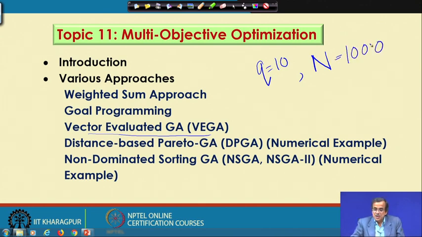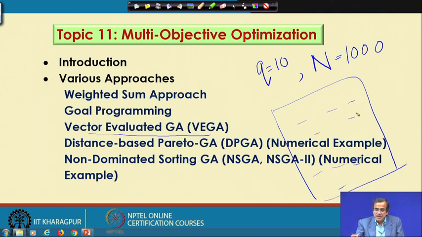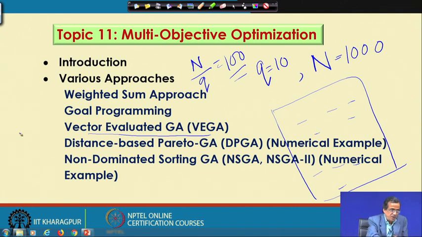So, what we do is, we try to create some subpopulations. This initial population is selected at random using the random number generator for the GA. Next, we create subpopulations of size N divided by q. So, N divided by q is nothing but 100. These 100-member subpopulations we form into one mating pool.